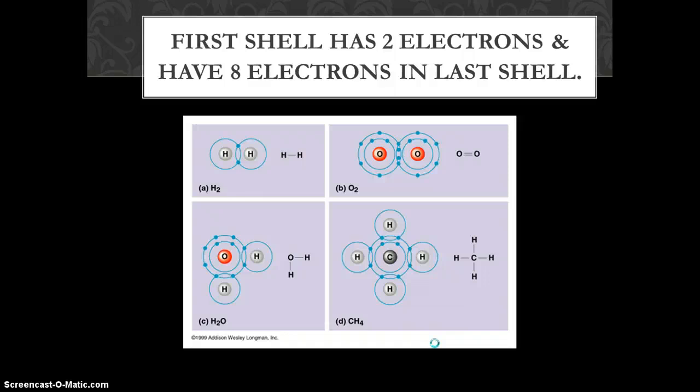So here, for example, in oxygen, you have 6 electrons in the outermost shell and you need 2 more. So 2 oxygens can share those 2 electrons. In water, again, oxygen needs 2 more electrons, so it will share with hydrogen. And carbon has 4 outermost electrons, so it can share 4 more electrons. Why 4? Because it needs 4 more to make 8 to be stable.